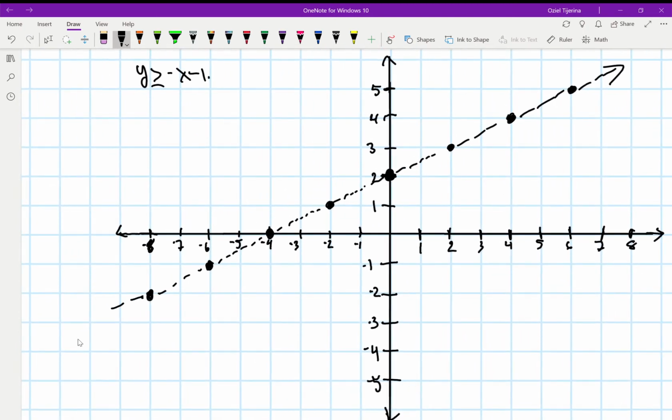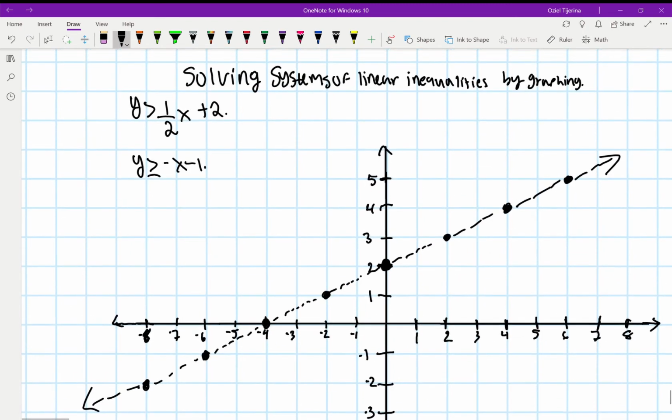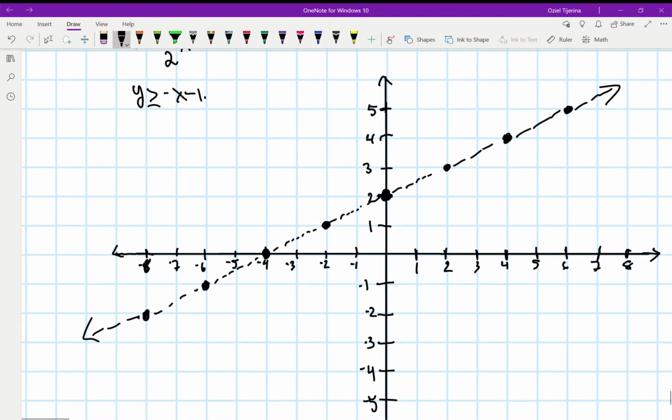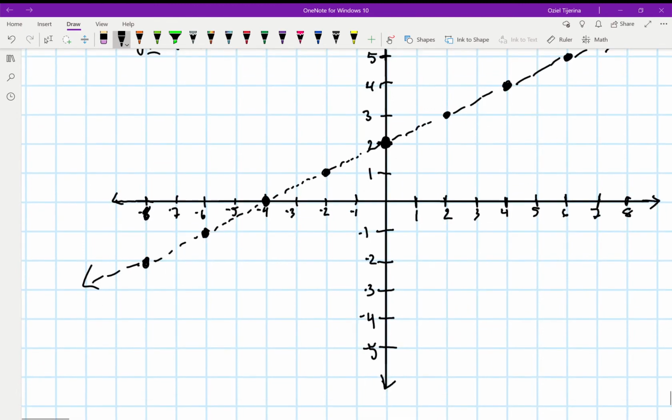And then once you do that, you graph your second one, which is y is greater than or equal to negative x minus 1. Okay, so you're not shading yet. You're going to shade until the end, okay?